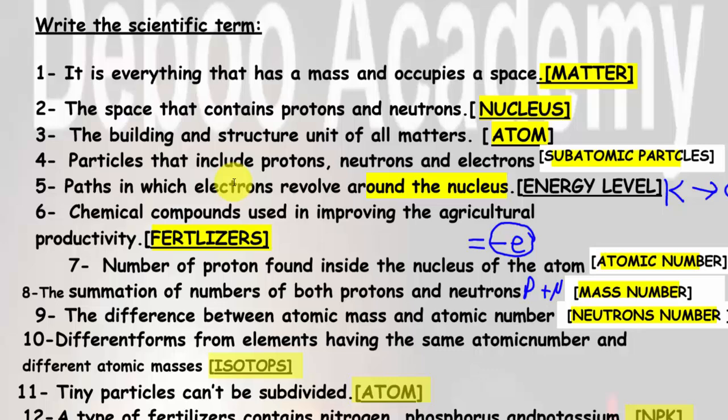The difference between atomic mass and atomic number is the number of neutrons. Different forms of an element having the same atomic number and different atomic masses, we call them isotopes.